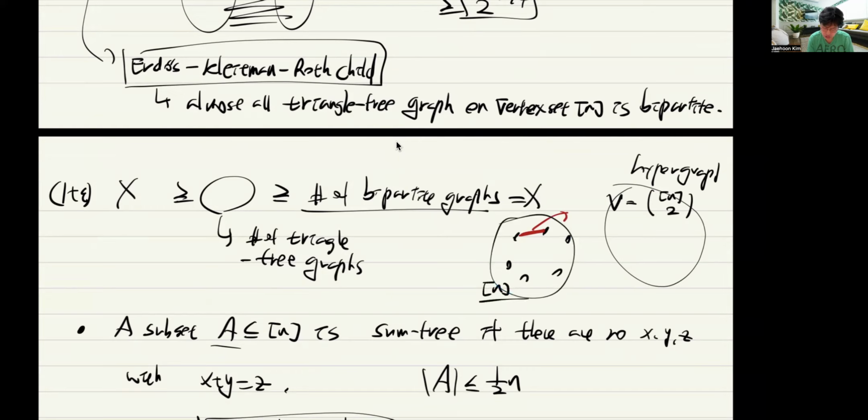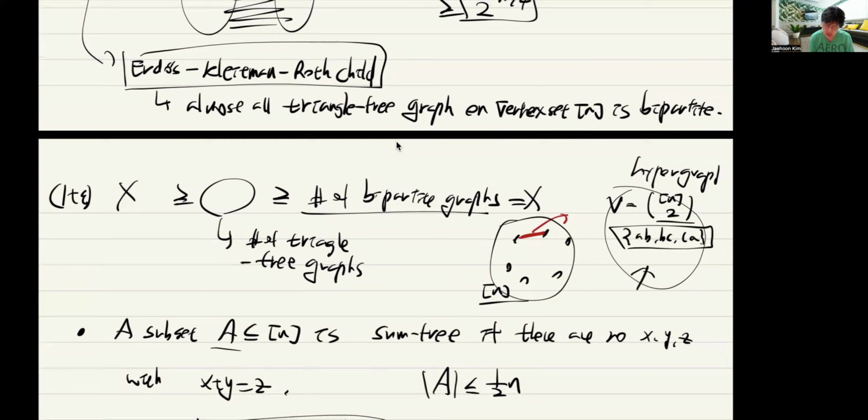This vertex set is [n], and all the pairs are here. And then the edges are A B, B C, C A. So that's the triangle that we want to avoid. Then you consider the independent set, which corresponds to a triangle-free graph here.